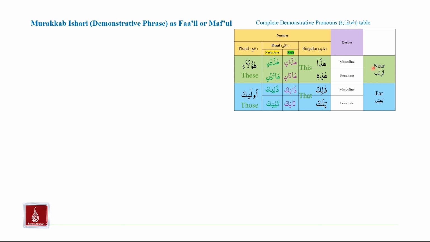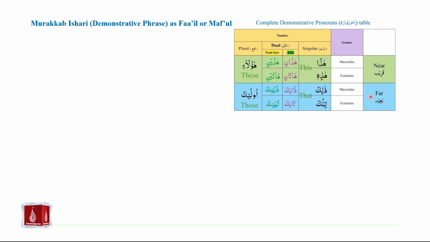Haza, hazihi for feminine, haula'i meaning these. For dual, we have hazani, hazaini, hatani, hataini. Hazani is used for rafa status, hazaini is used for nasab or jar status. Hatani will be used for rafa, hataini will be used for nasab or jar status.